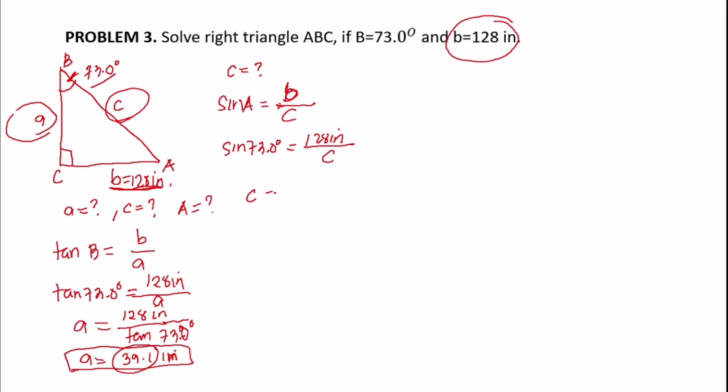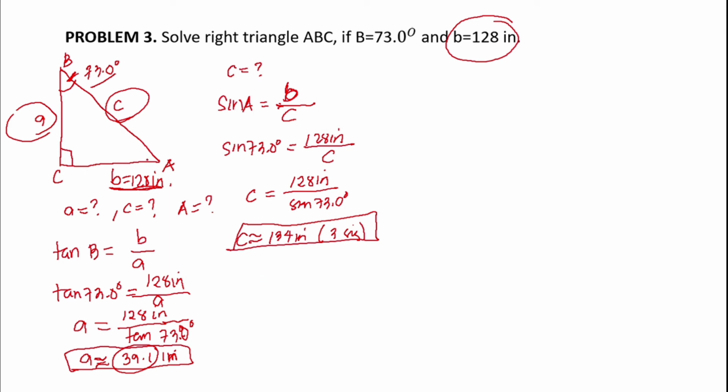So therefore, c is equal to 128 inches over sine 73.0 degrees. Using a calculator, this is approximately 134 inches. Take note, 3 significant figures. So we have c is equal to 134 inches.